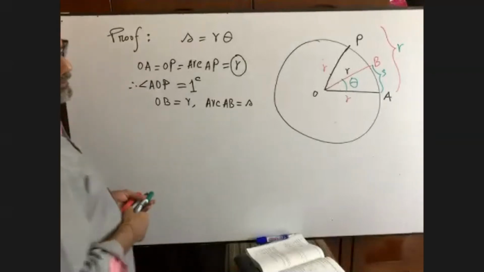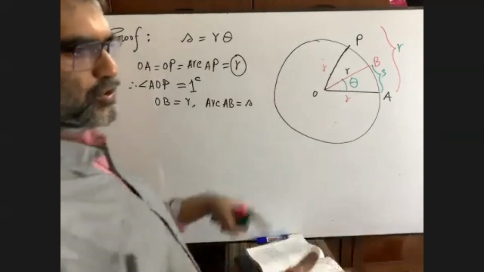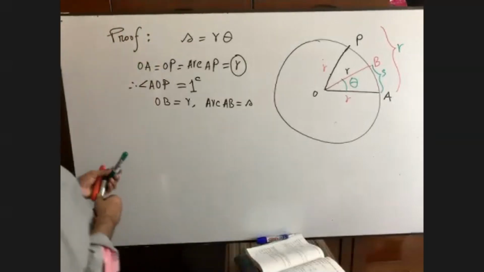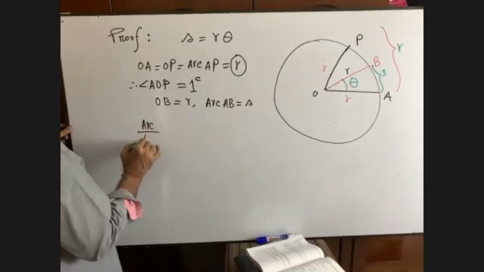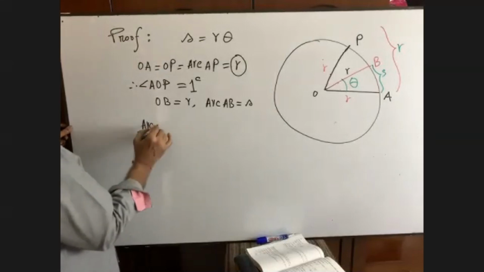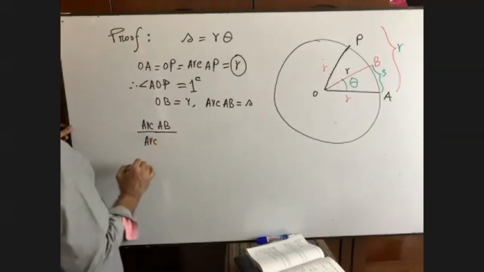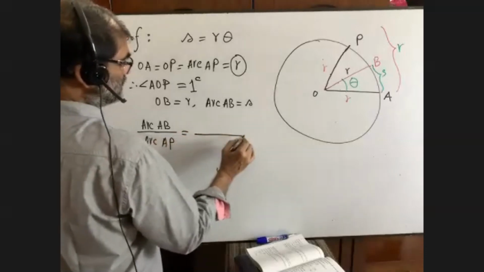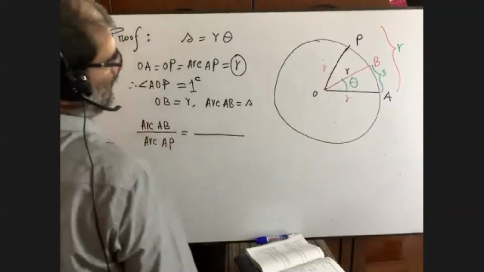That day I told you a formula. The angles formed at the center are proportional to their arcs. That means we can write here, the most important part, arc AB by arc AP. What is the angle made by arc AB at the center?